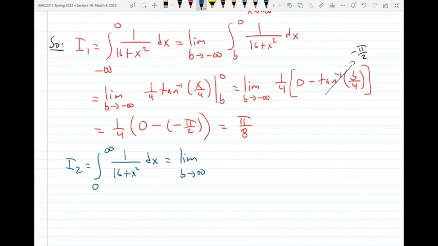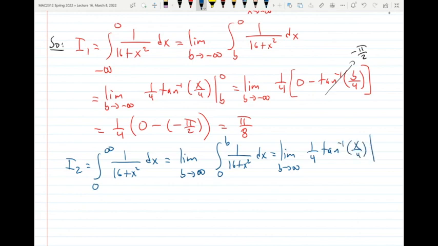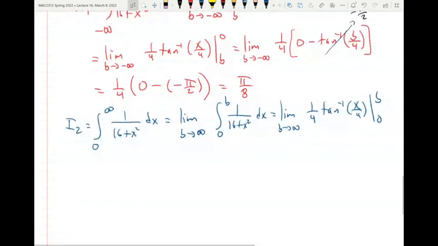As b approaches positive infinity, the integral from 0 to b, this guy. All right, so that would be 1 over 4 inverse tangent of x over 4, and then from 0 to b. So what changes is that we have this at the beginning now.